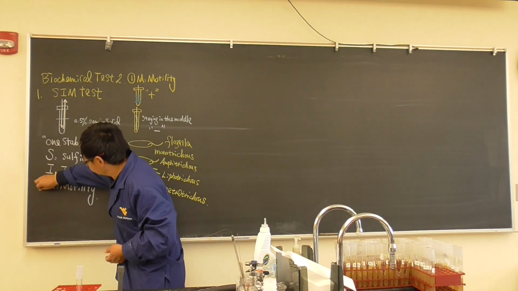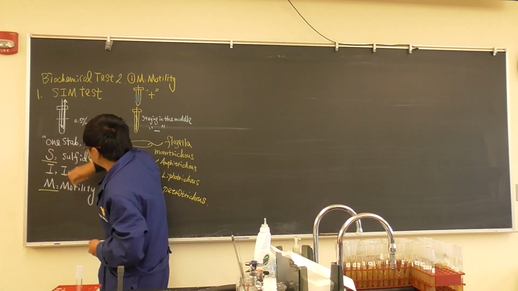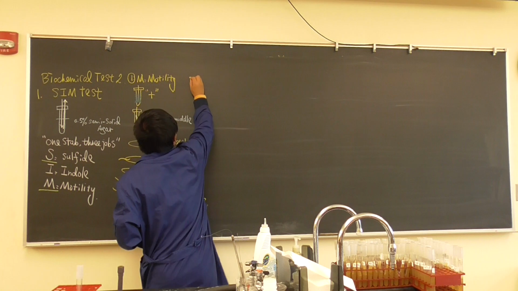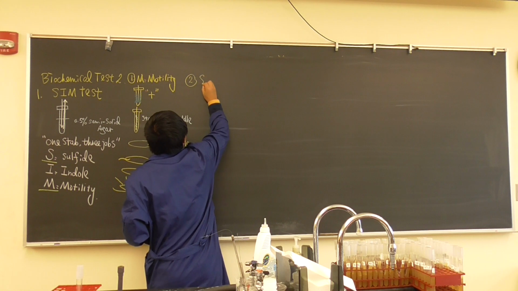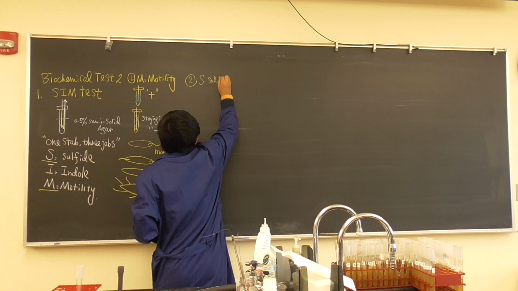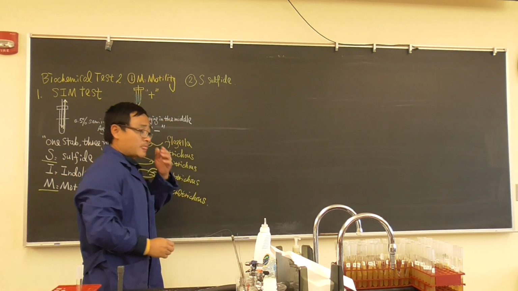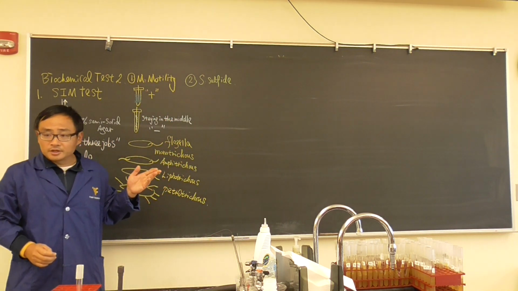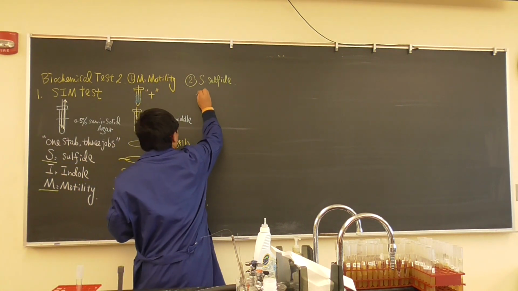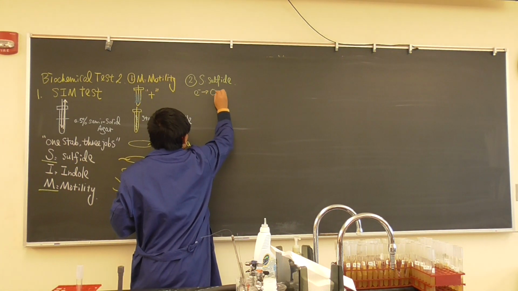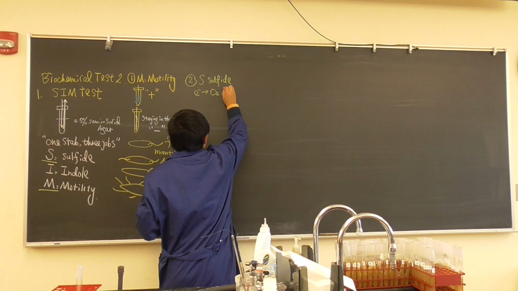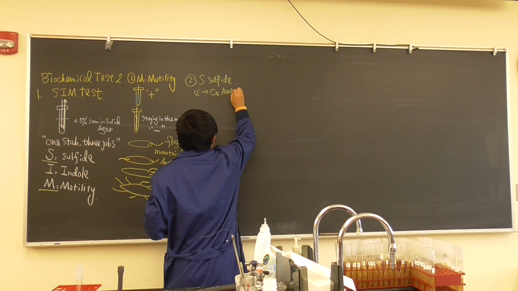M is easy. The second one I want to mention is S. S is sulfide. What does this mean? Remember, when electrons go to oxygen, we call it aerobic respiration.